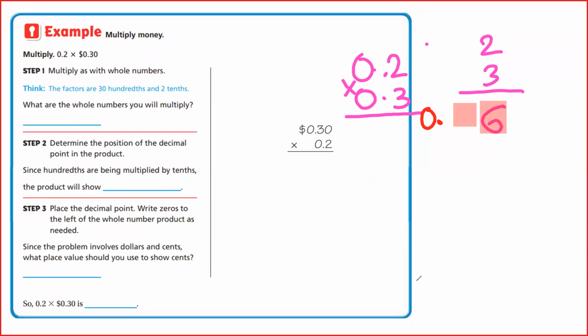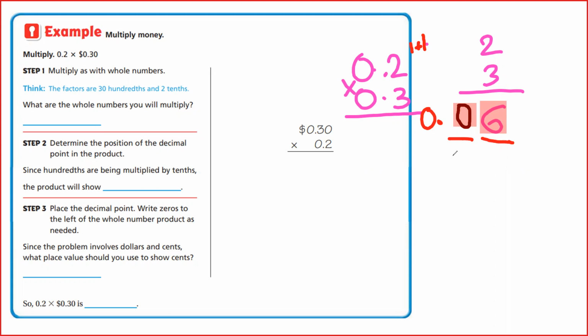As you see here, we have an empty digit. This lesson told me that if the number of decimal places is more than the digits of the product, you have to add an additional 0. So it will be 0.06.